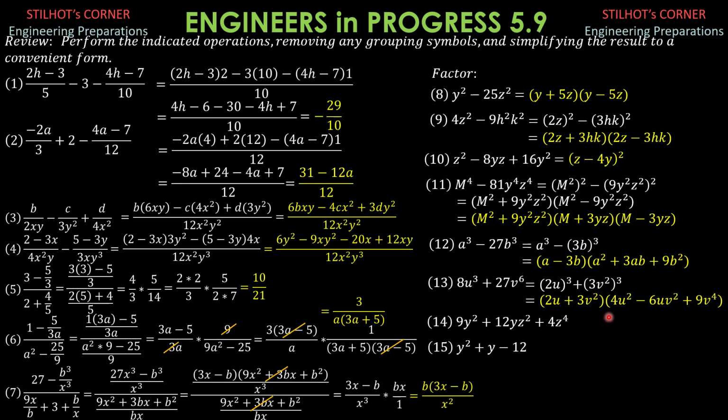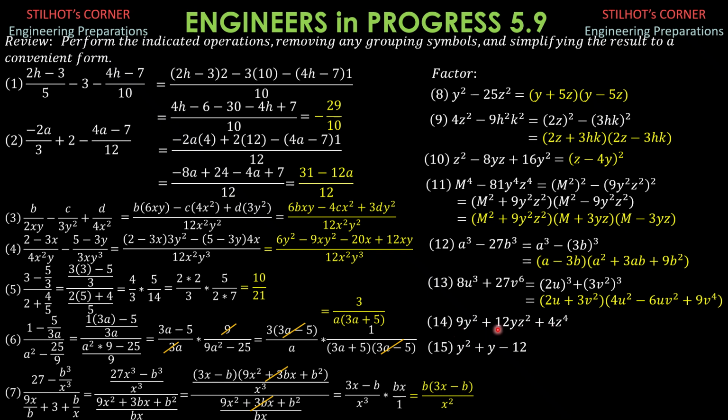So that's it for that part. Then next we have, this is a perfect square, the quantity 3y squared, then this is the quantity 2z squared, squared. Twice the product is 2 times 3y times 2z squared, which is 12yz squared.